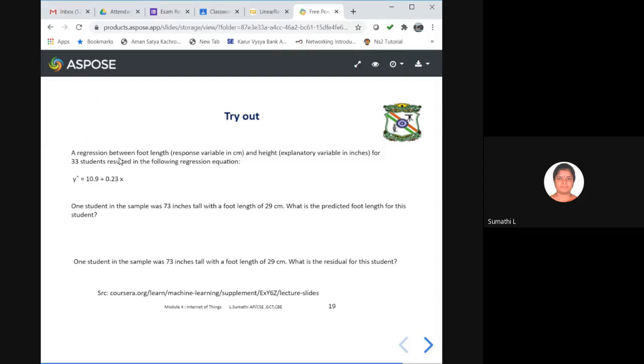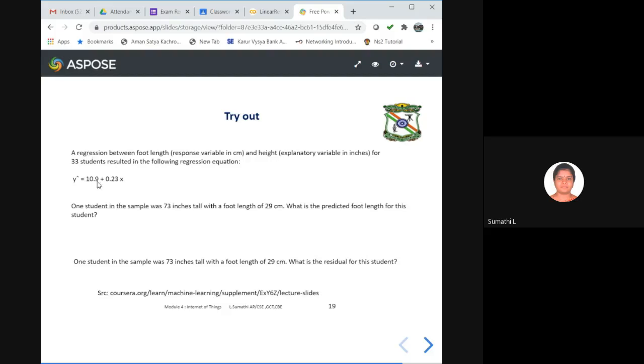You have to find a regression relationship between foot length and the height of a student. Foot length is your response and height is your explanatory variable, and they have used 33 students, that is 33 samples, to derive this particular equation.